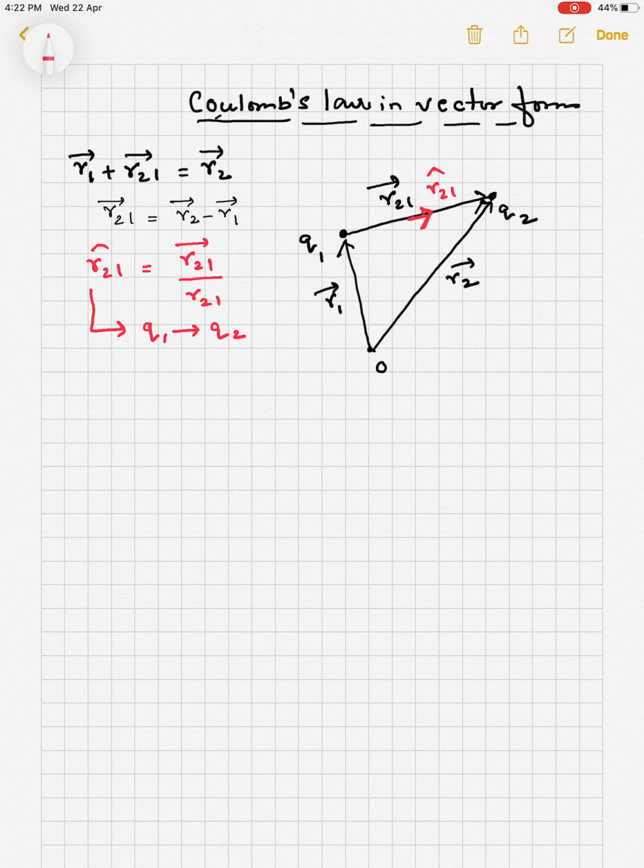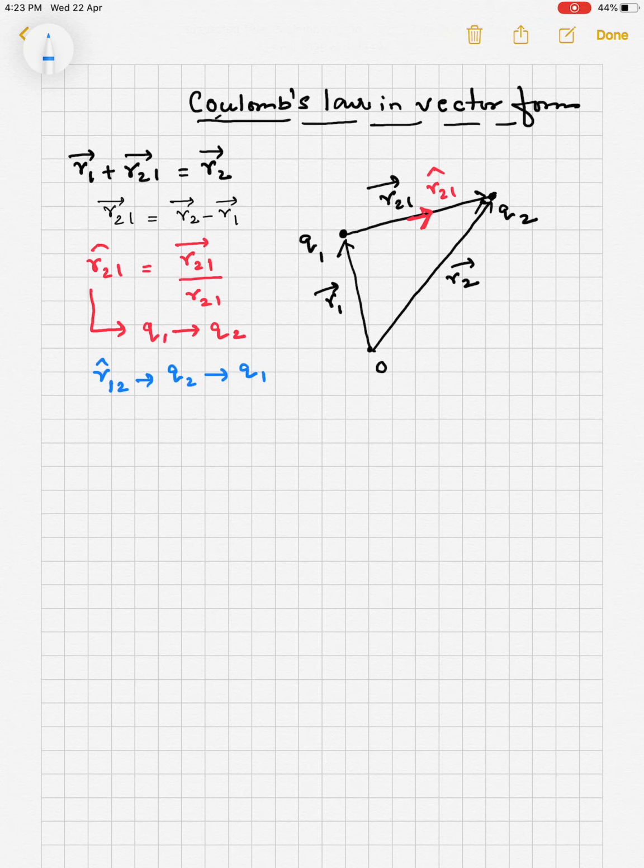Similarly, we will take unit vector r12. So this is the unit vector whose direction is from q2 to q1.